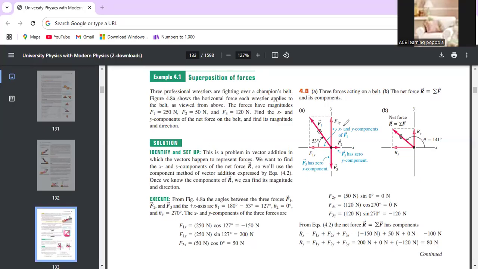So from the question, F1 is 250, F2 is 50, F3 is 120.